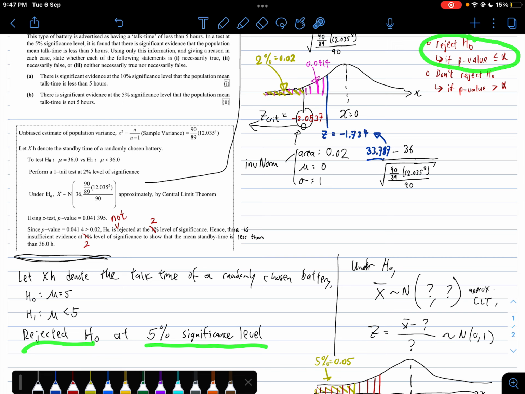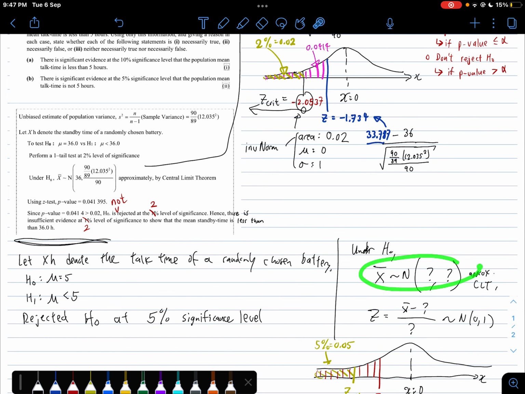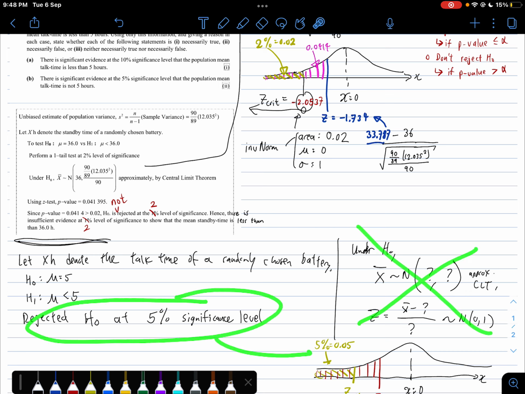So in terms of area, we are not given enough information to get the x bar and the z, but we know that they exist, and as a result, we have the corresponding bell curve with mean 0 and variance 1. Even though we don't know this, as long as we know the conclusion, we know how the graph will look.